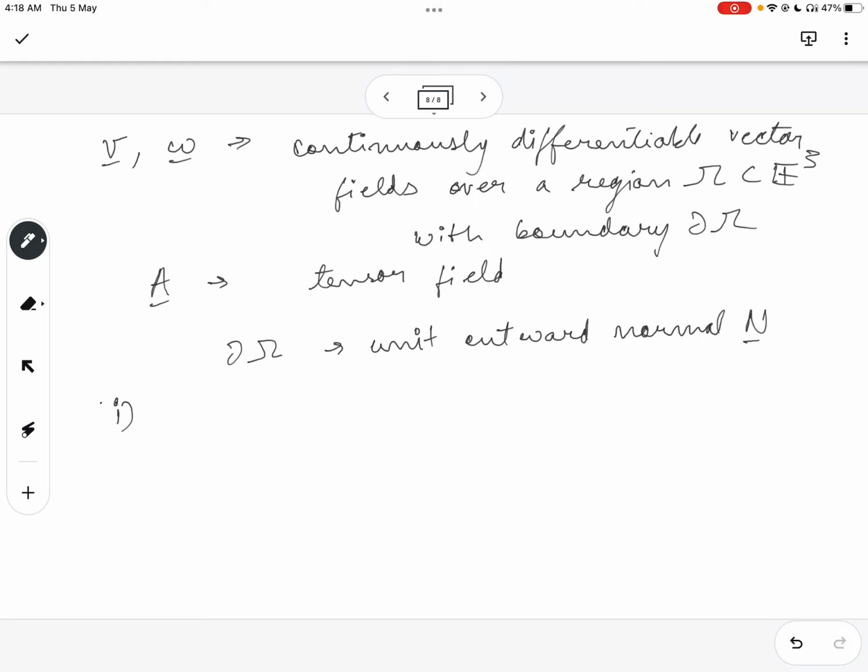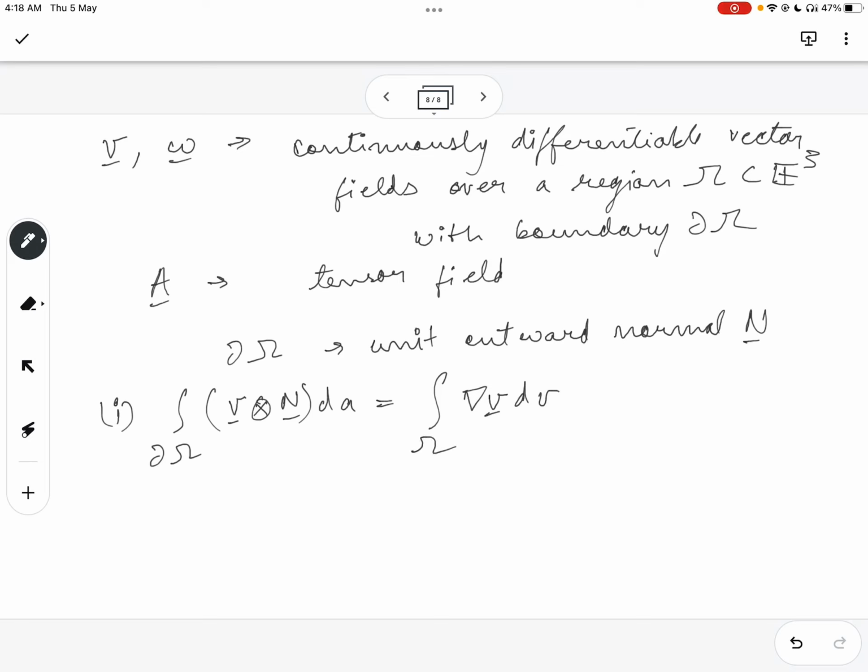The first identity which we want to show is that the integral over del omega of v diadic n dA is the integral over omega of gradient of v dV.